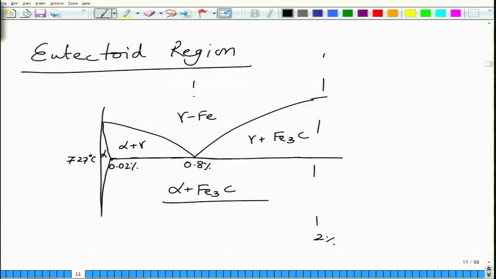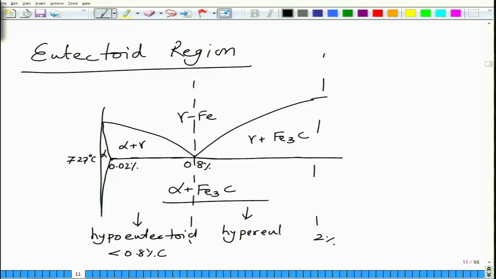The region which is left of 0.8% is called hypoeutectoid, so less than 0.8%. The region which is right of 0.8% is called hypereutectoid.